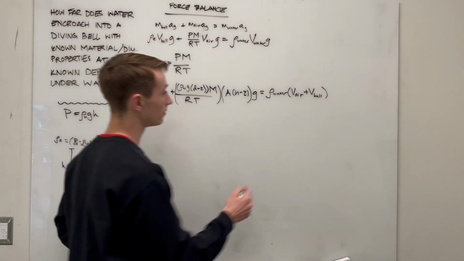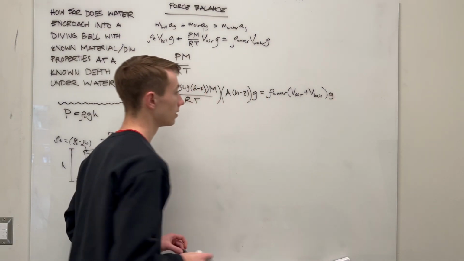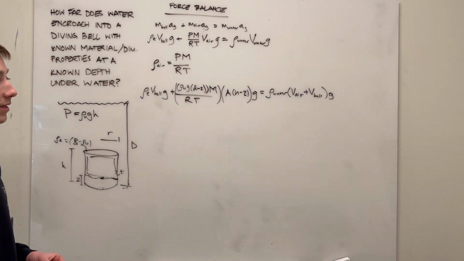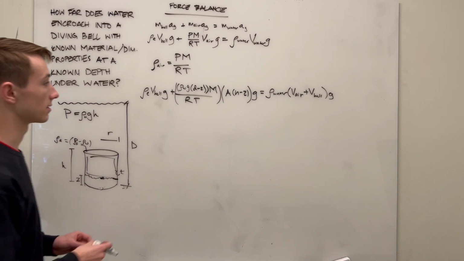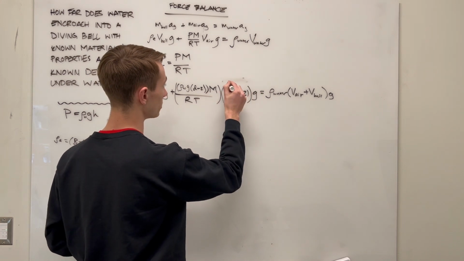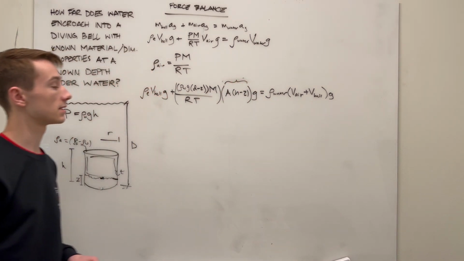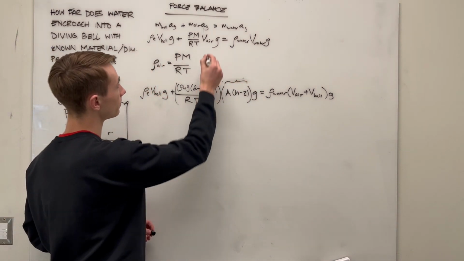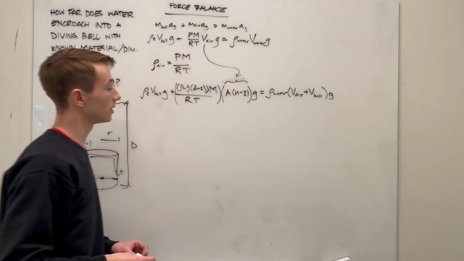Times G. Well, we just found out the volume of the air inside the bell. That's this right here. That's the volume of the air inside.